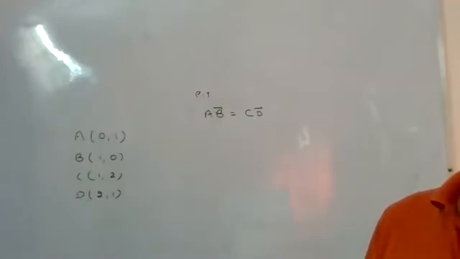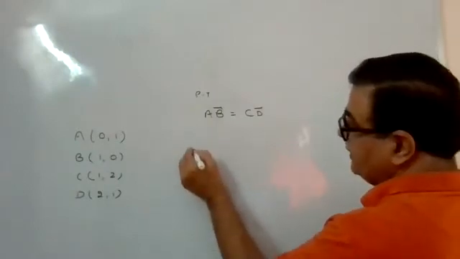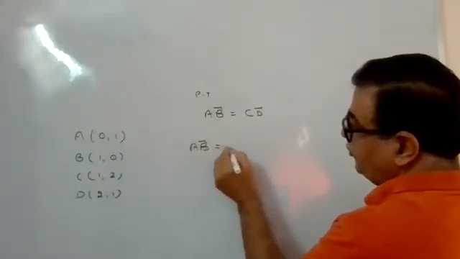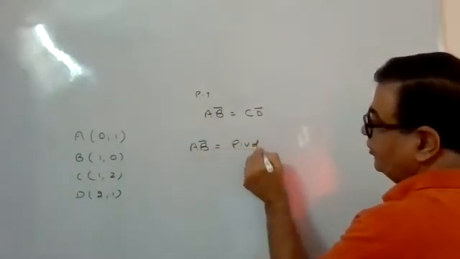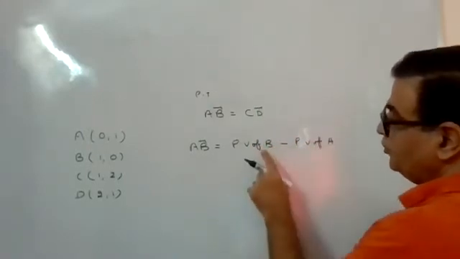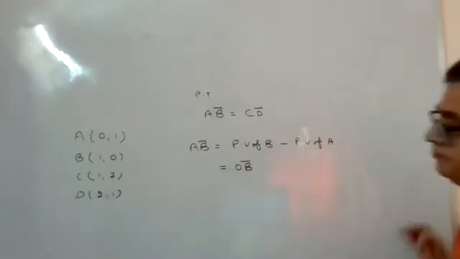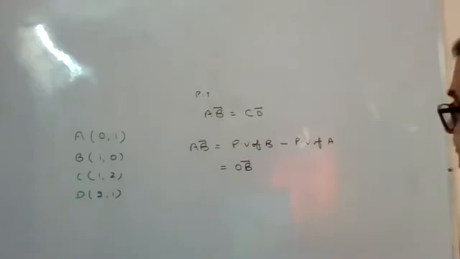Yes, please. Are they the same? First, they are asking for AB vector. AB vector form I told you: position vector of B minus position vector of A. Position vector of B means it is actually OB vector, because we take O as the origin.